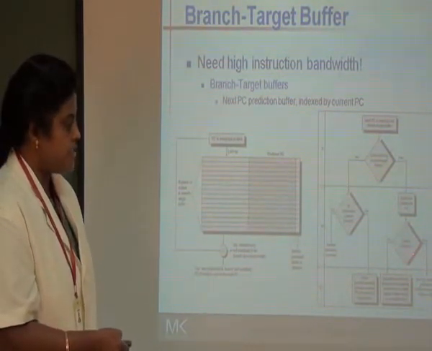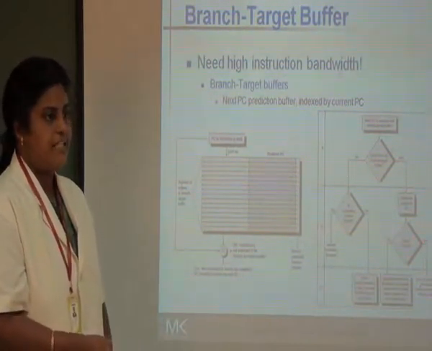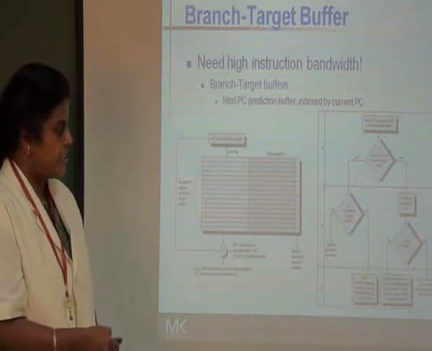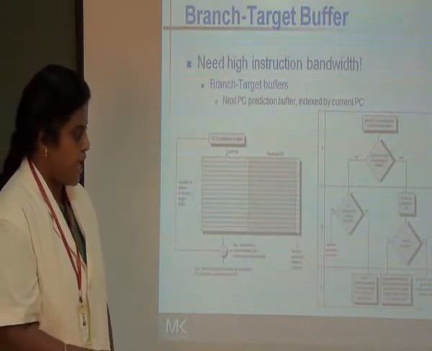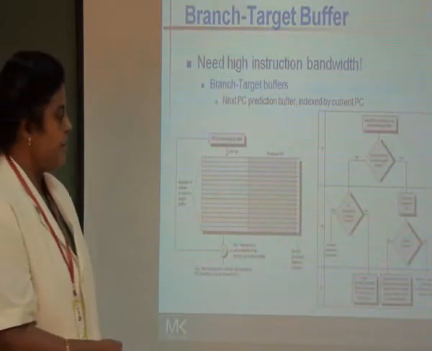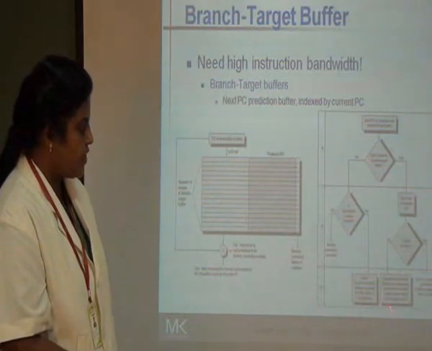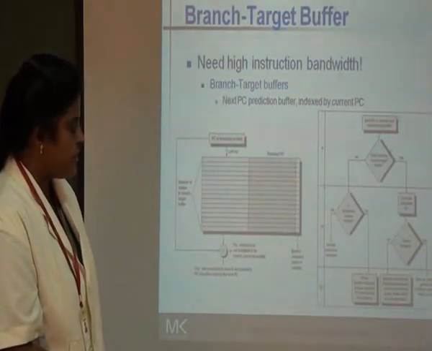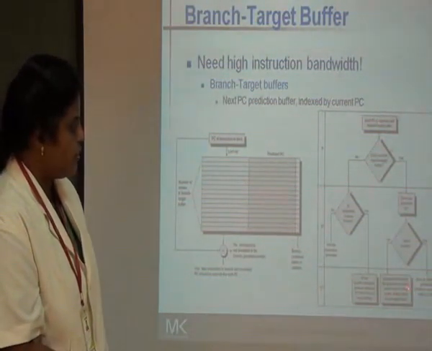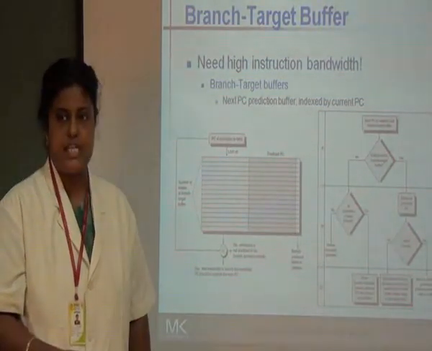If it is a branch instruction and the result is correct, it is assumed that the branch is correctly predicted and the program execution continues without any stalls. Suppose it is a mispredicted branch, then we have to fetch the program counter once again from the memory and continue the same operation once again.